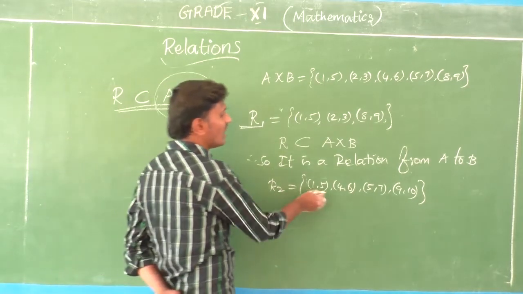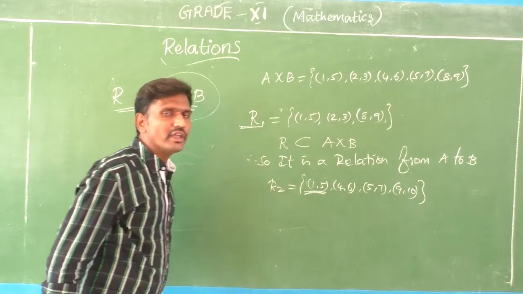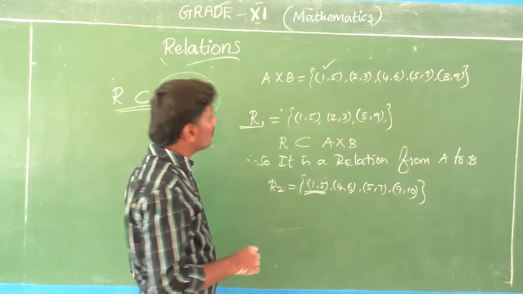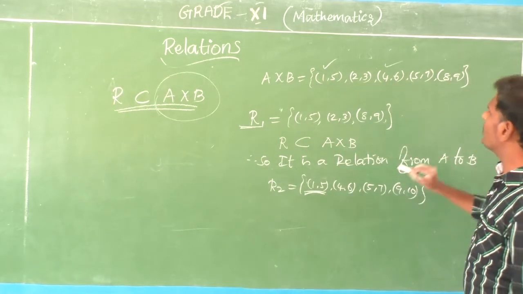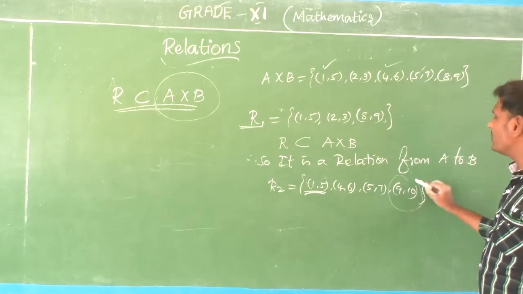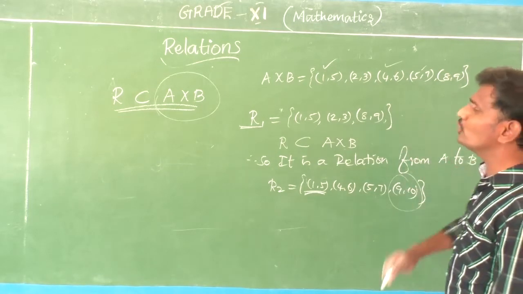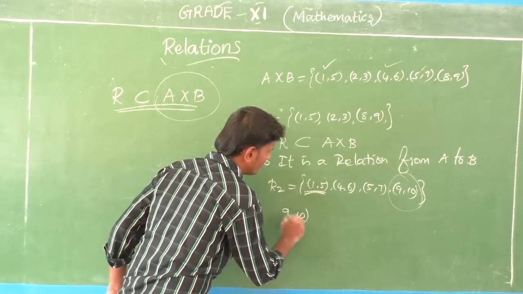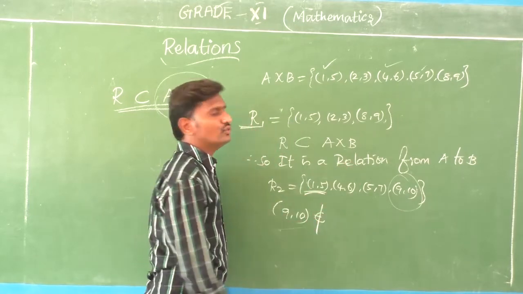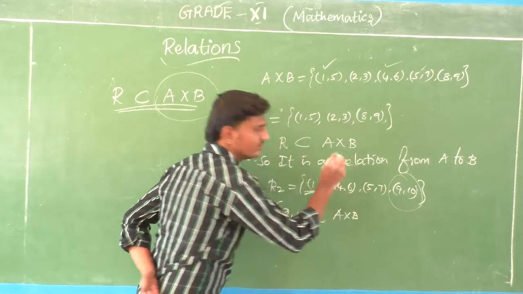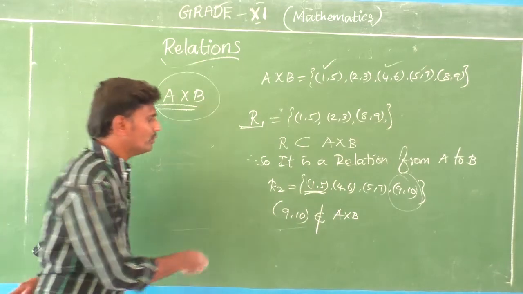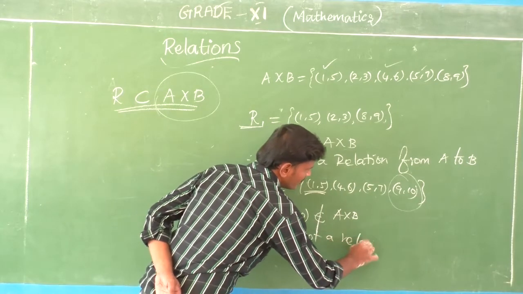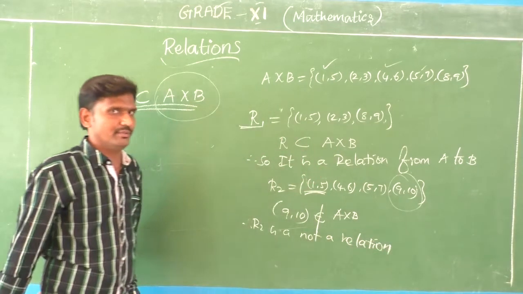We check the ordered pairs against A cross B, the Cartesian product. (1,5) is in it, so no problem. (4,6) also, (5,7) also. But (9,10) is not in A cross B. So R2 is not a relation from A to B. Have you got it, children?